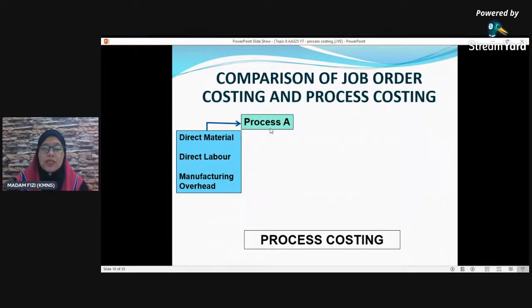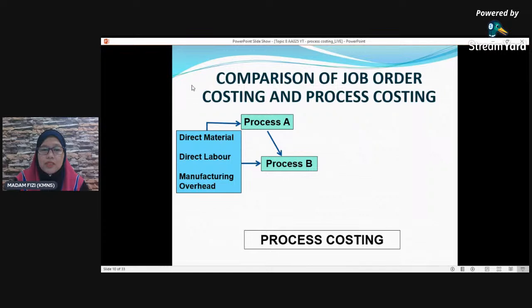Mula-mula kita susun botol dulu. That is the process A. After finish at process A, they will continue to process B. Contohnya minyak masak tadi, kita tuangkan minyak ke dalam botol. Kalau kita selalu nampak dekat TV tu, dia masukkan minyak ke dalam setiap botol. That is the process B.